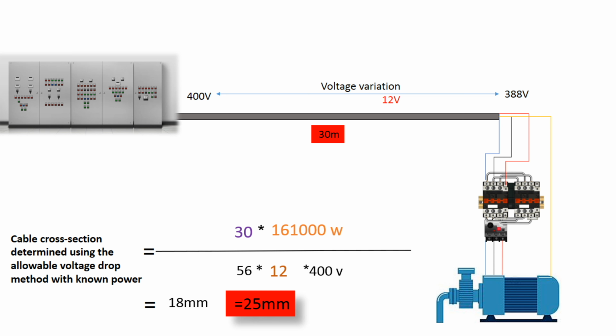Here, we obtained the cable cross-section using the allowable voltage drop method. Now let's compare it with the result we get if we use the allowable current method based on the tables. Then we'll see which cable size should actually be used, and which choice would be wrong.